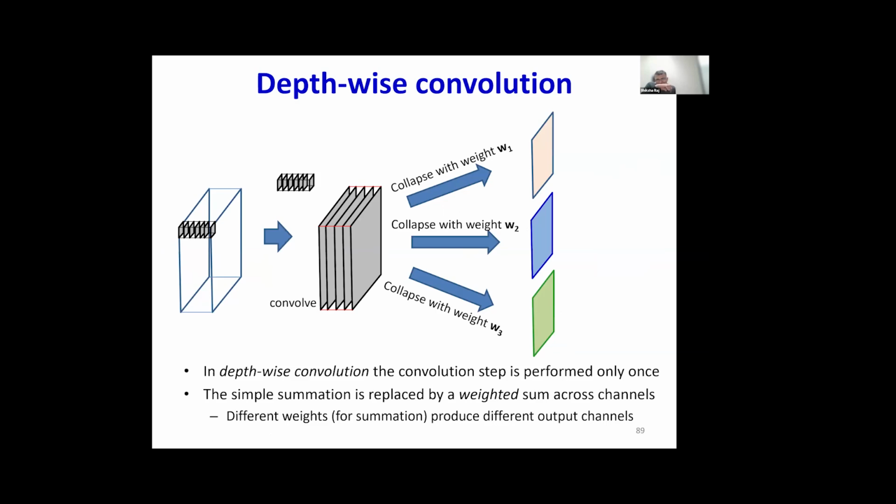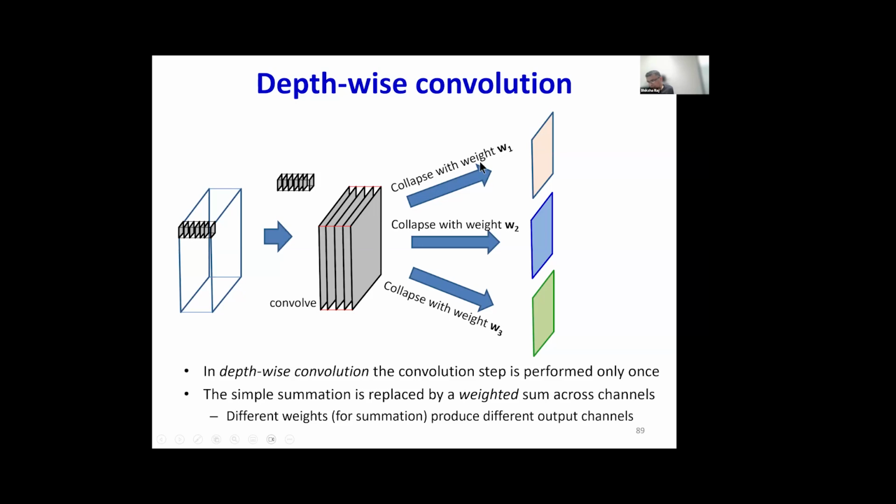So how do you allocate the weights? You learn those weights. Now, this is what it is. Collapsing with a weight vector is the same as a scan of this with one row of weights, and that row of weights is scanning the input, and the result is going to be a single point.